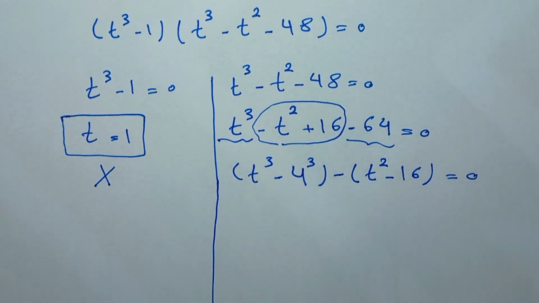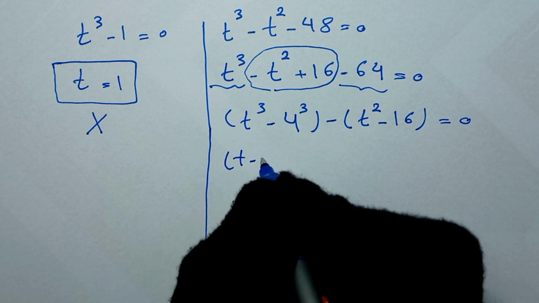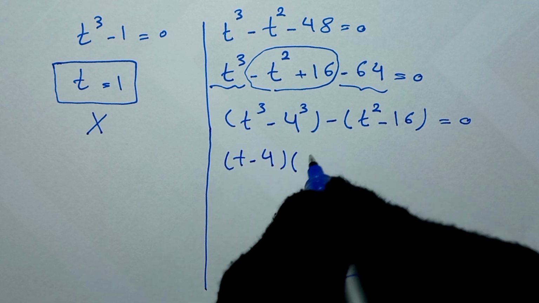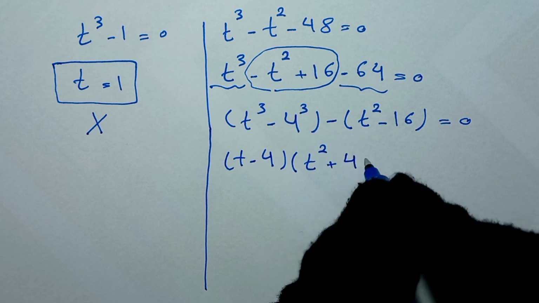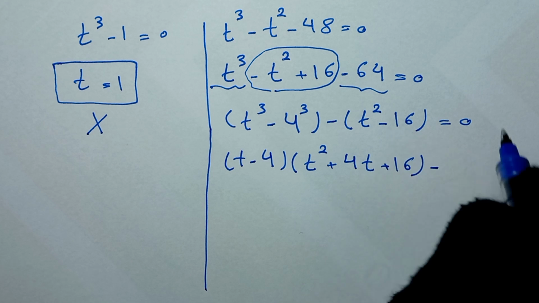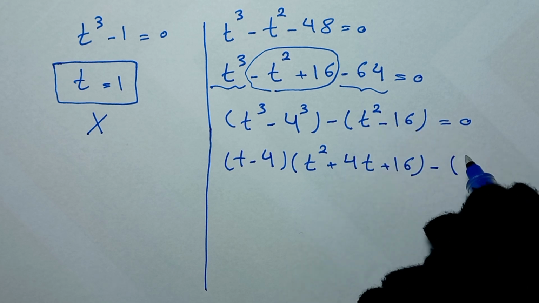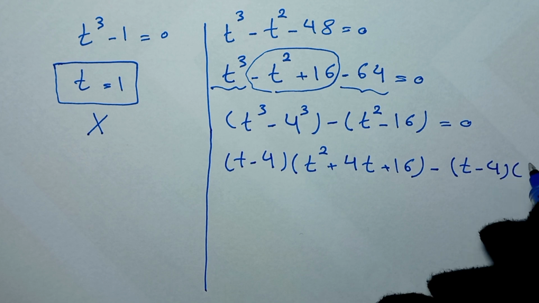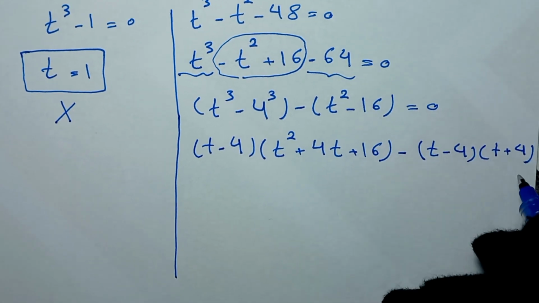And we can write this as t minus 4 times t squared plus 4t plus 16, and minus, here we have a difference of squares, which we can write as t minus 4 times t plus 4, right, is equal to 0.